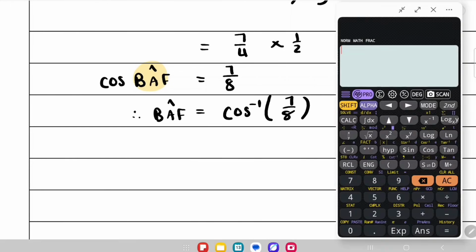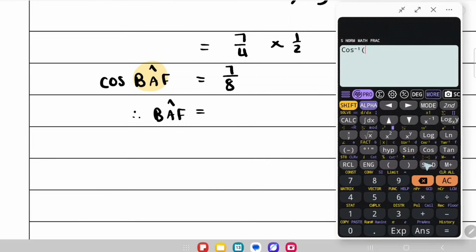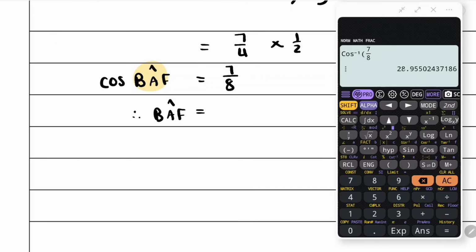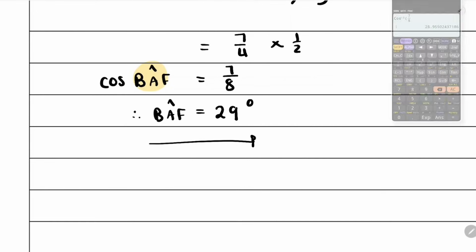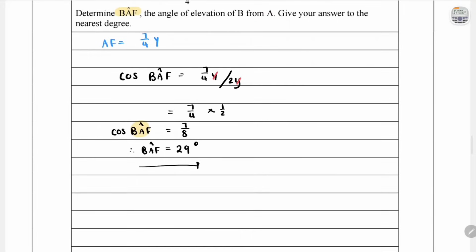On the calculator, if you say shift cos 7 over 8, we need to round off to the nearest degree, so the nearest whole number. So that 9 is going to round up, and that's going to add a 1 to the 8. So this is simply 29 degrees, and that is our answer. And that is it for question 7.